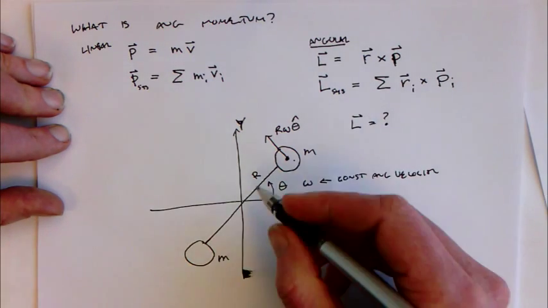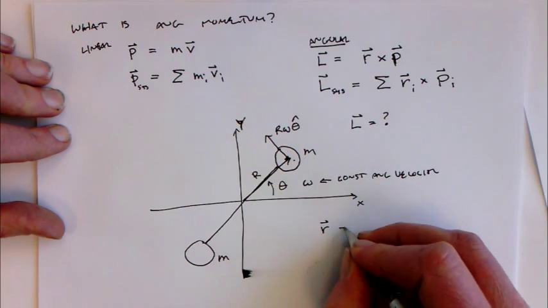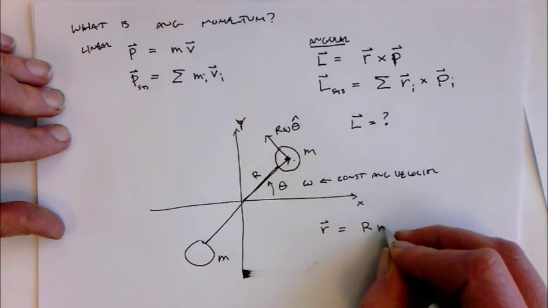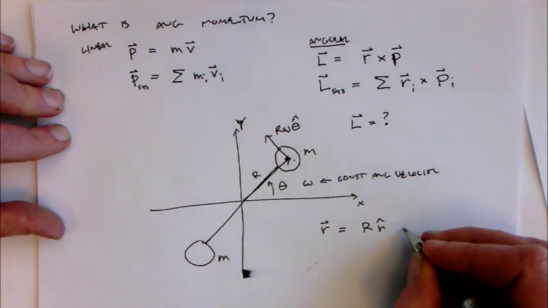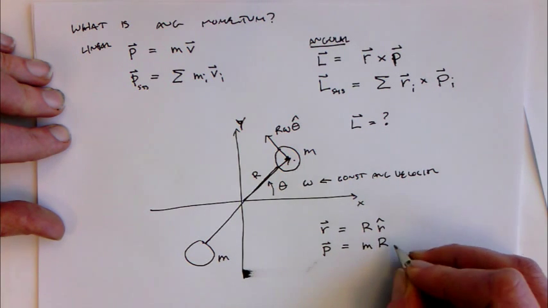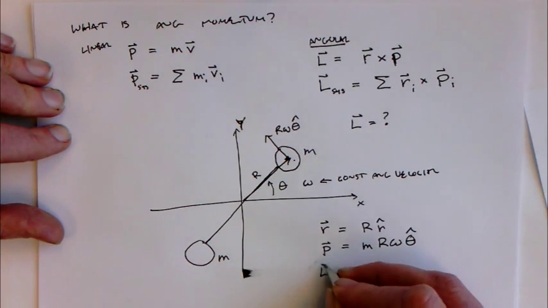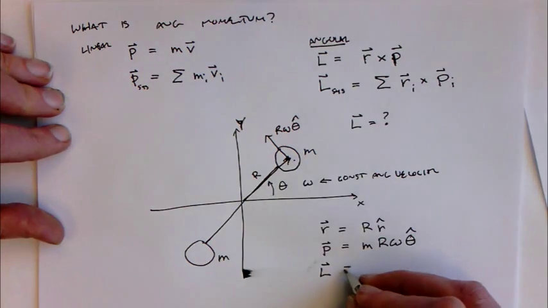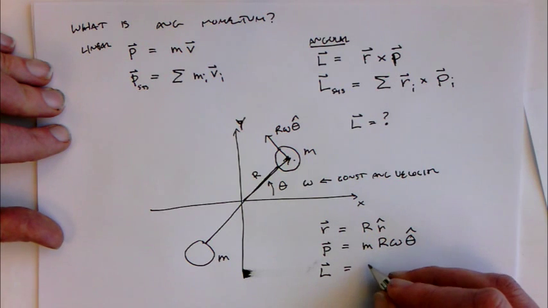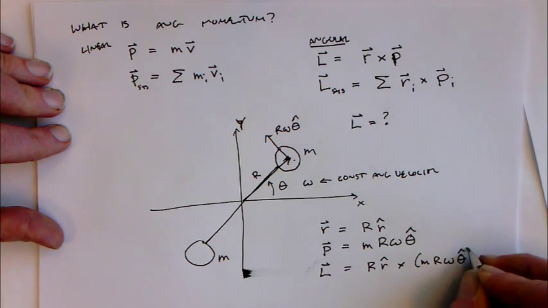And if I take the vector r, r for that first mass is going to be r times r hat. The momentum for that first mass is going to be m times r times omega in the theta hat direction. So the angular momentum of this particle for this particular case is going to be r times r hat crossed with m times r times omega times theta hat.